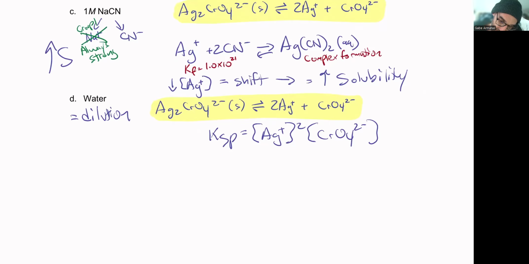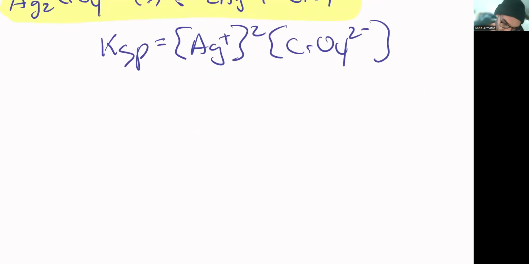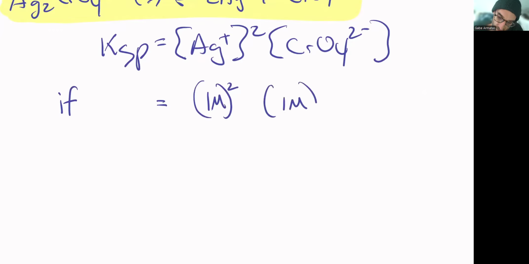If we look at this Ksp, let's just pretend, to make our numbers simple, and you can always do this, that the concentration of silver is 1 molar and the concentration of chromate is 1 molar, so your Ksp is equal to 1.